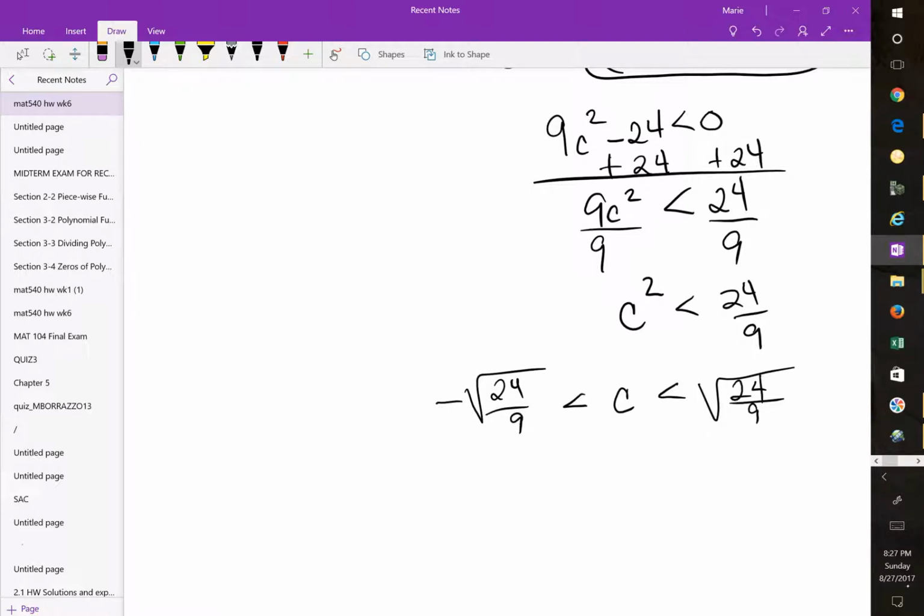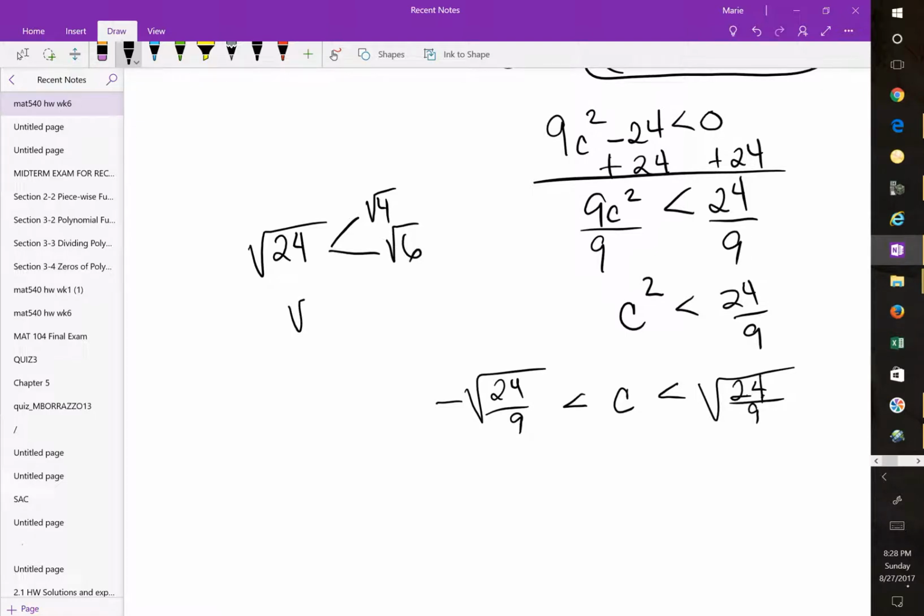If we split this up, we could take the 24 and split it into 4 and 6, so the square root of 4 and the square root of 6.